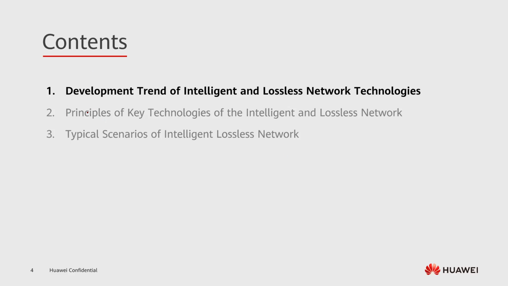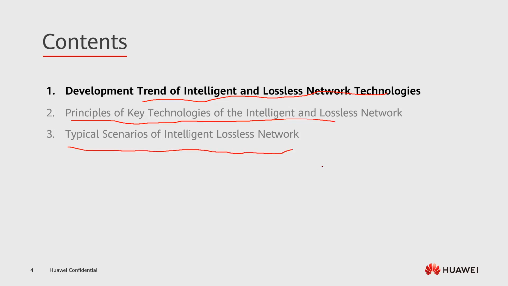So this slide has three parts: the development and trend of intelligent lossless network technology; the second part is the principle of key technology of the intelligent lossless network; and the third part is the typical scenario of intelligent lossless network. Part 2 is the most important part.